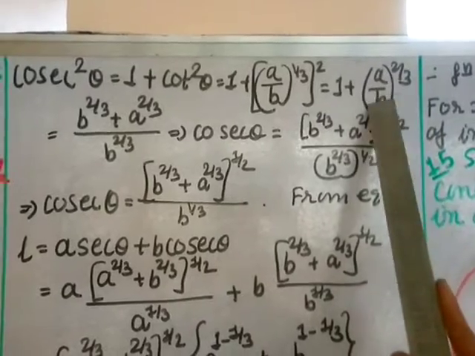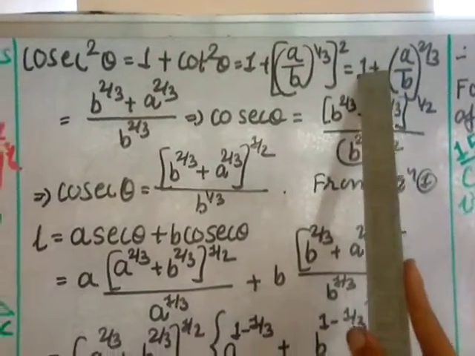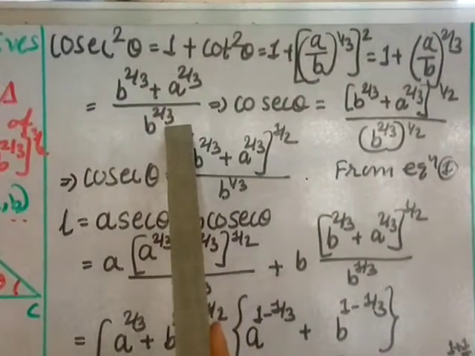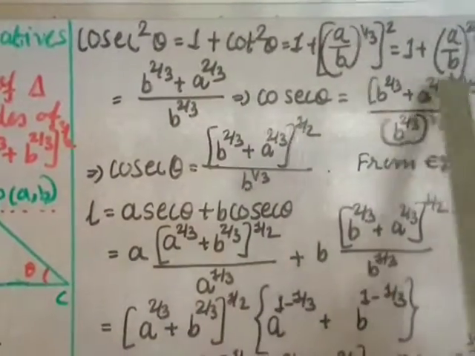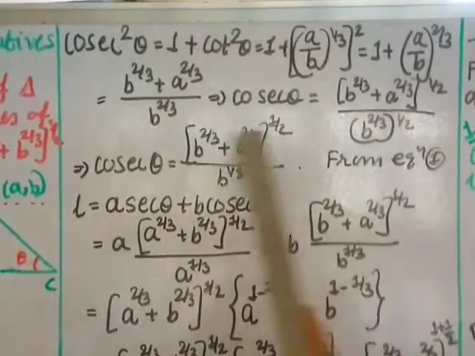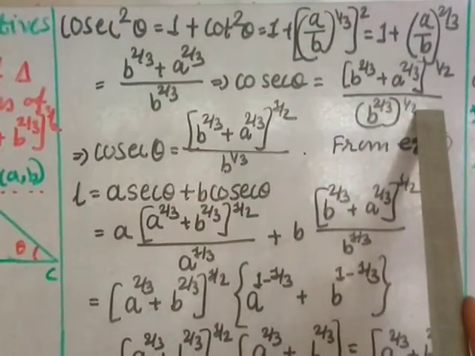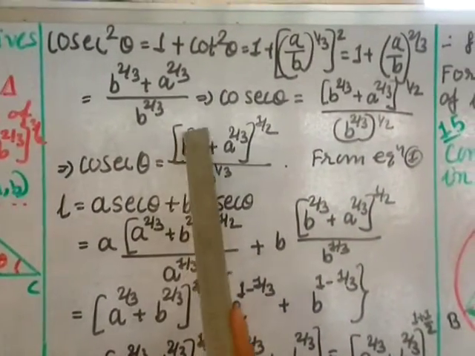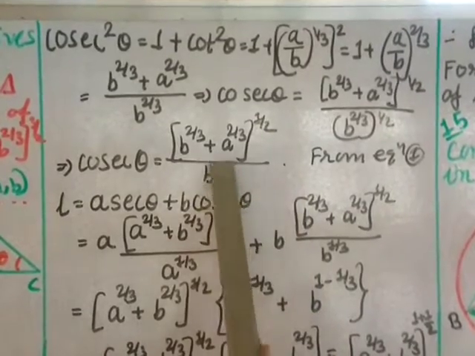That will be for a also and b also, and then LCM. So it will be b^(2/3) here. So I write here plus a^(2/3) divided by b^(2/3). Then take the square root. So when you take the square root, for cosec theta you write whole power 1/2, and for b^(2/3) power 1/2, the 2 cancel, so here b^(1/3) remains. See, I have written here, this final will be cosec theta is equal to (b^(2/3) + a^(2/3))^(1/2) divided by b^(1/3).